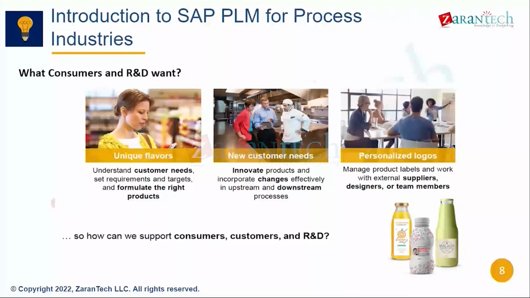So in order to use it for a plant, they need to convert from general recipe to plant recipe. In the plant recipe, obviously one plant will have one material, but another plant will have a different material, though both can be derived from the same global recipe. So there will be multiple materials based on the region, and the material needs to be assigned to that particular site recipe or plant recipe.